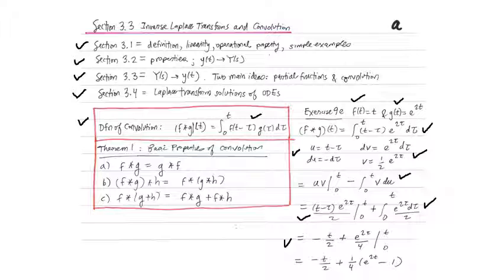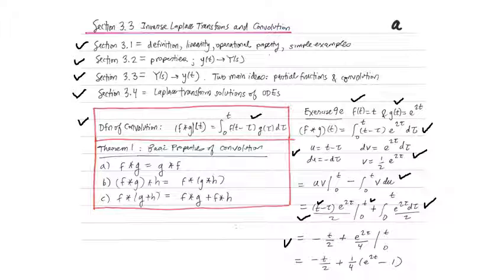Keep in mind our integration variable is tau. So this upper limit t, what we're actually saying is tau is equal to t. So when tau is equal to t in this expression, that's just going to make that expression equal to 0. So we don't get anything at the upper limit.